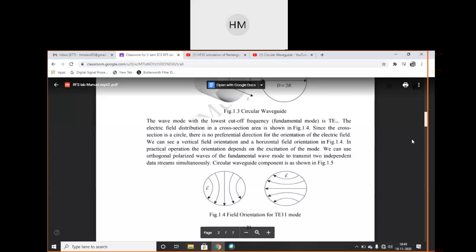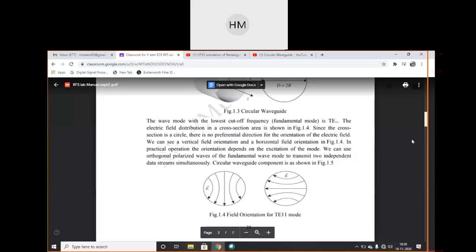So you can see the field orientation for TE11. Circular waveguide could be in both the directions. As your waveguide moves, your direction of propagation will change. Since the cross section is a circle, there is no preferential direction for the orientation of electric field.